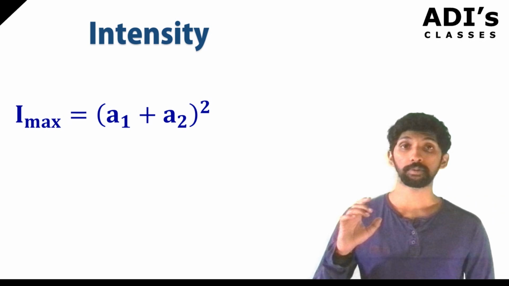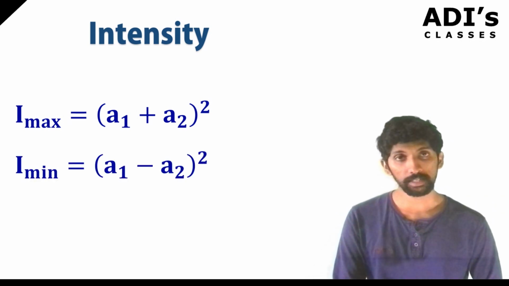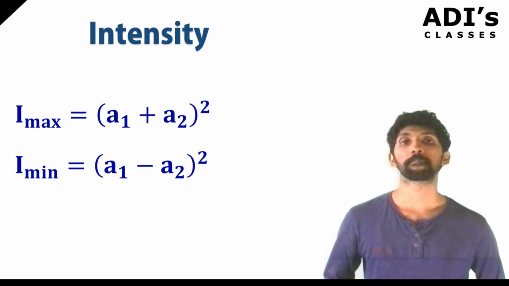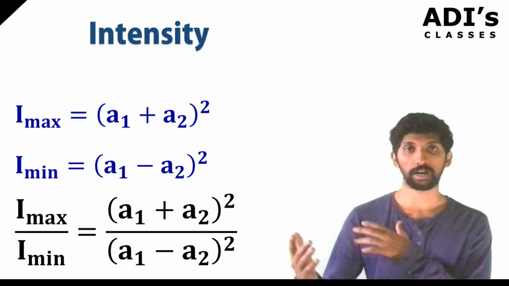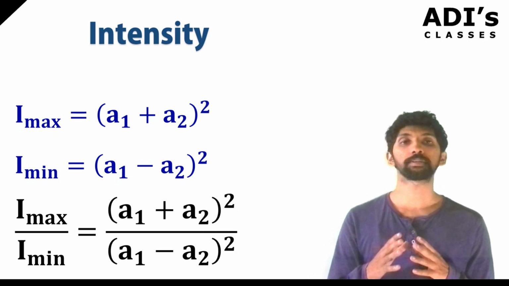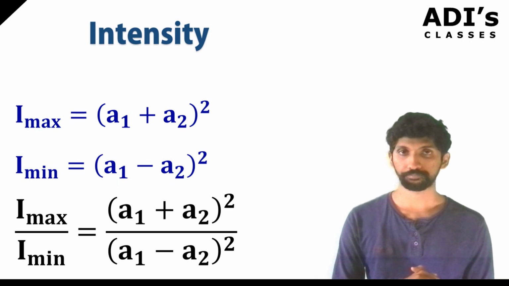So the maximum intensity is (a1 plus a2) whole square. Then the minimum intensity will be (a1 minus a2) whole square, correct? So if you take the ratio, we have I max divided by I min is equal to (a1 plus a2) whole square by (a1 minus a2) whole square, right?